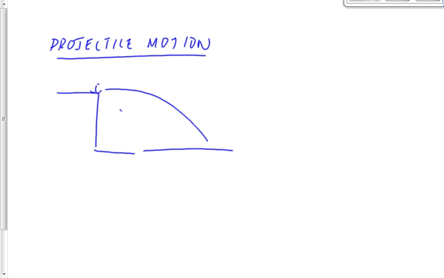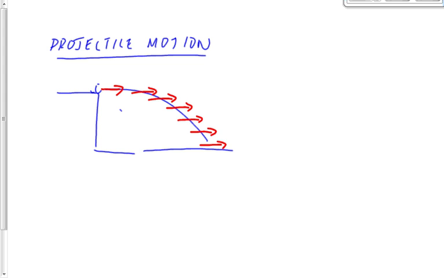Yeah, it's called a parabola, right. Now, because there is only one force acting on this projectile as it moves through the air, and that force is gravity, a downward force, the x component of the motion, the horizontal motion, doesn't change. The horizontal velocity stays the same. So if we take a look at the velocity here horizontally, it's going to be the same horizontally as it goes through this entire path.